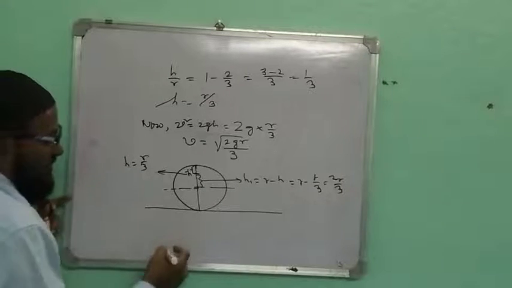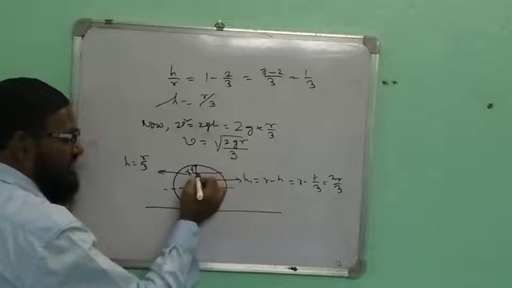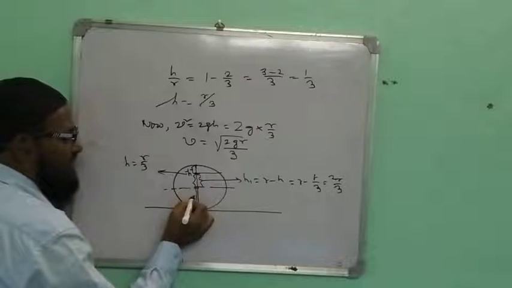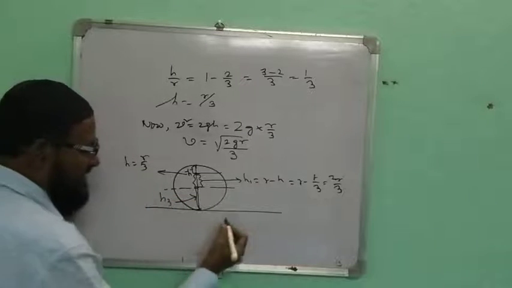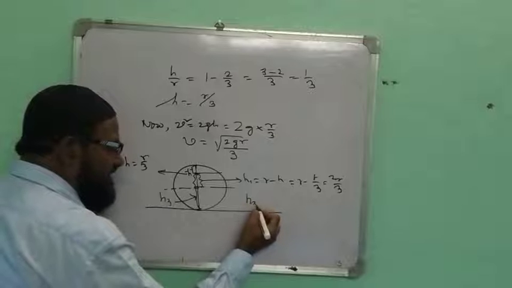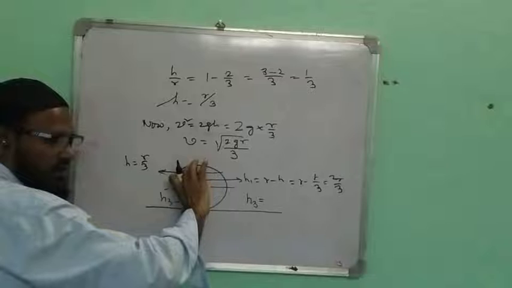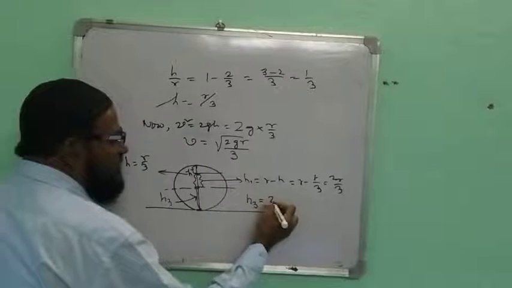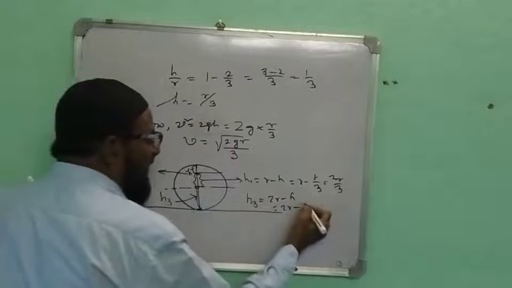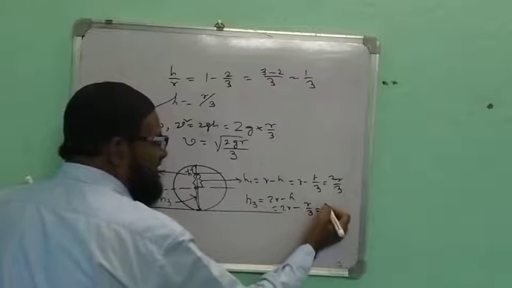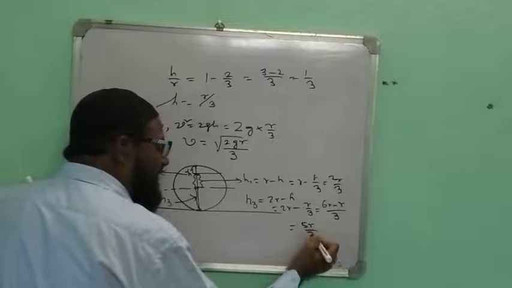Now suppose with respect to the ground, I take this distance as h3. What is h3? From here to here is 2R, so 2R minus h, which is 2R minus R by 3, that equal to 5R by 3.